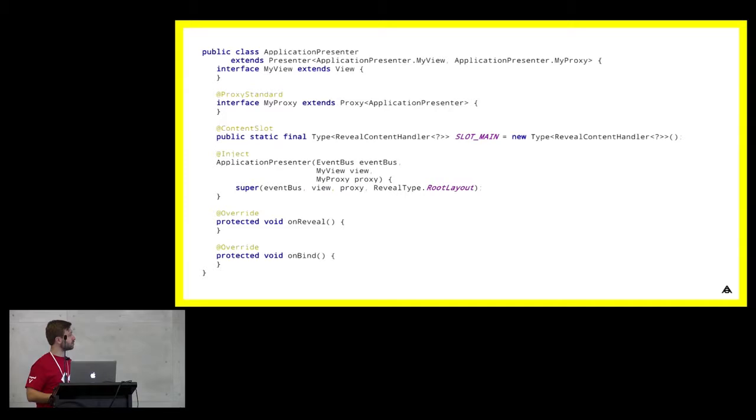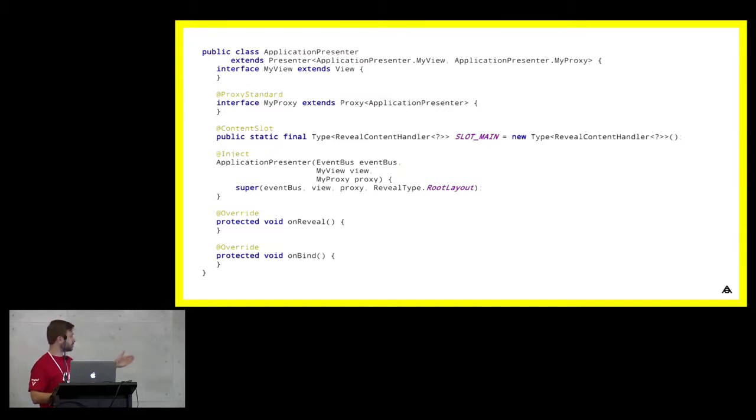Here you see the application presenter. The application presenter is the root of my application. What I will usually insert into the application presenter is a top-level menu and nothing else aside from that. What I will have is a slot that will contain each page that I want to show to the user.